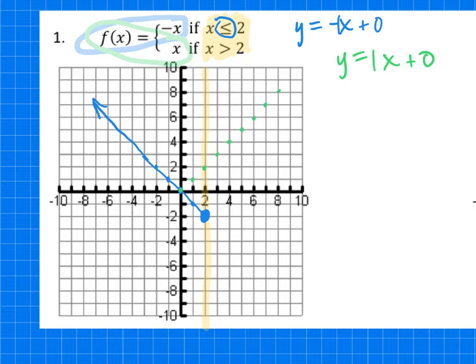But the only part of the line that I'm going to keep is the part where x is greater than 2. So I'm going to put an open circle here at 2, continue this out, and then I'm going to go ahead and erase my green there. And put the blue back.